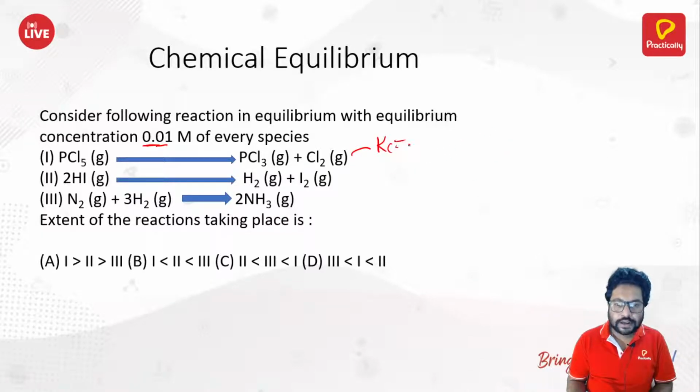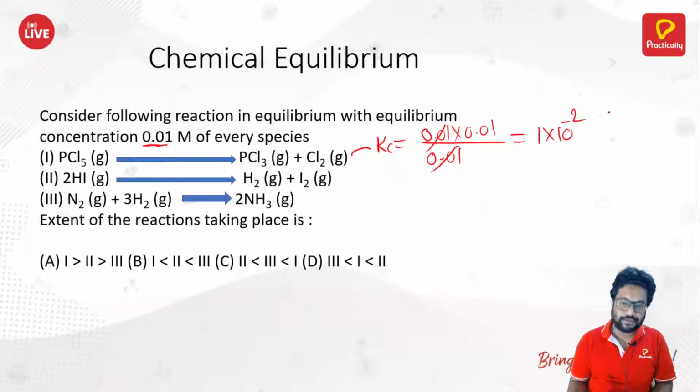For this reaction, PCl3 into Cl2 divided by PCl5, right? So the value of Kc becomes 0.01 into 0.01 divided by 0.01. 0.01 gets cancelled, another remains. So 0.01, which is equal to 1 into 10 raised to minus 2. That's the Kc for the first reaction.